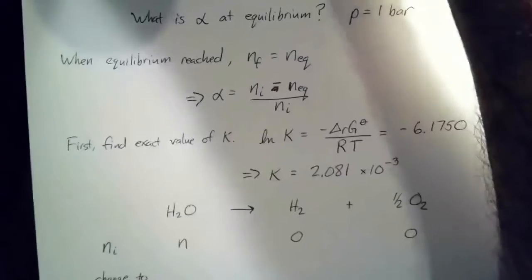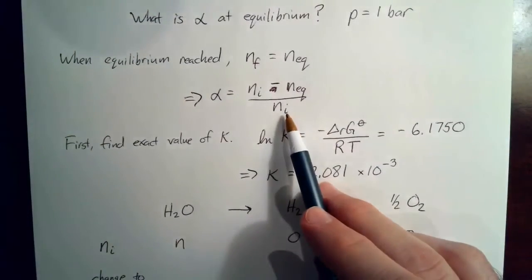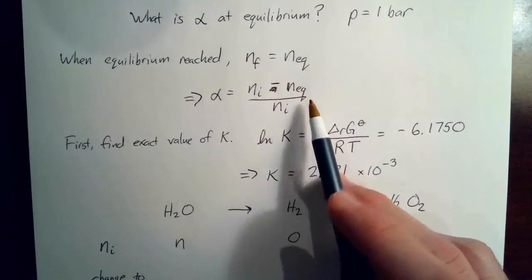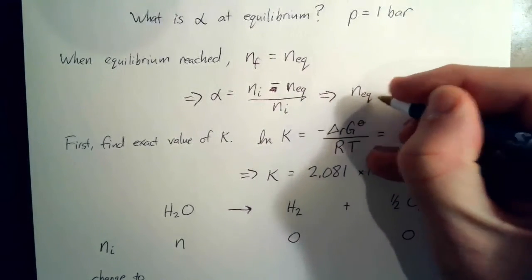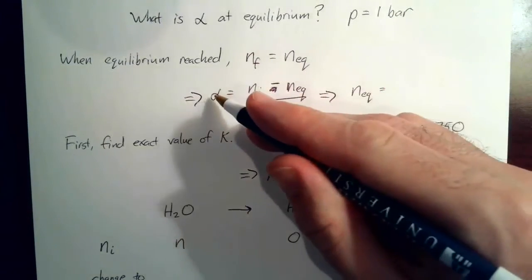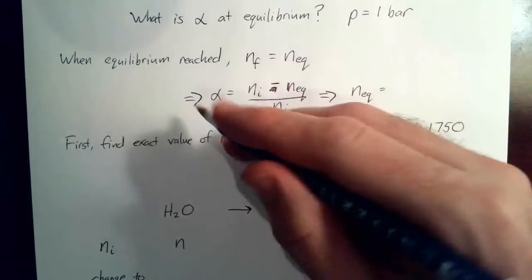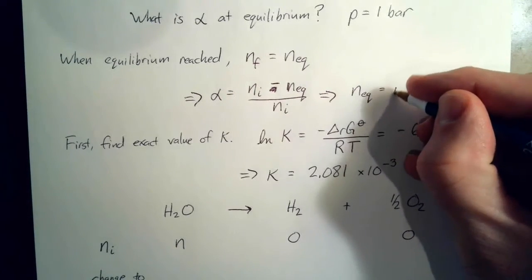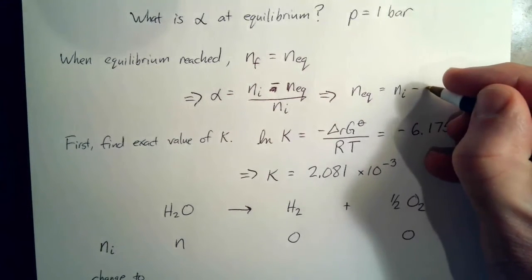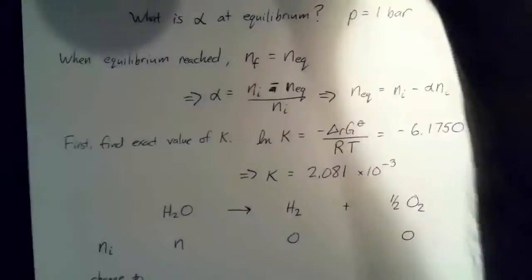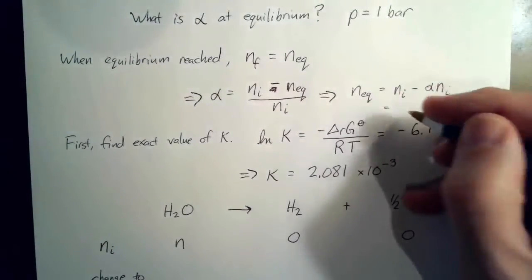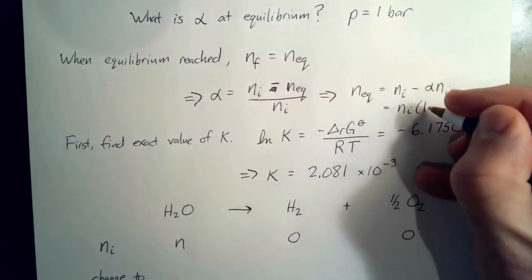So looking back up here in my formula for alpha, I can solve this for N equilibrium. And what do I get? I multiply by the initial, and I have to add and subtract, so I end up with the initial minus alpha times the initial. Or I can simplify that to the initial times 1 minus alpha.